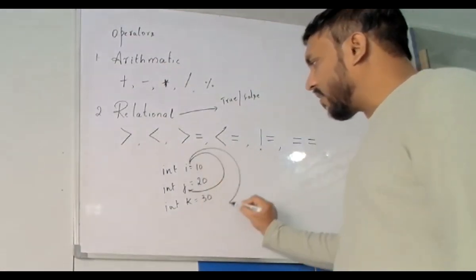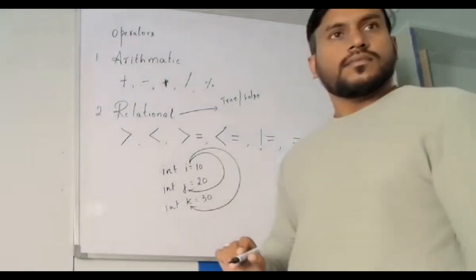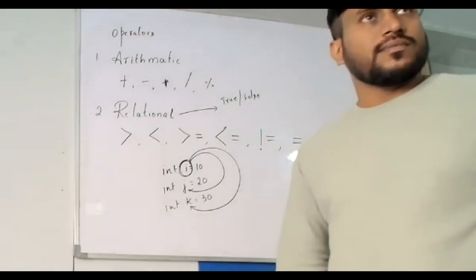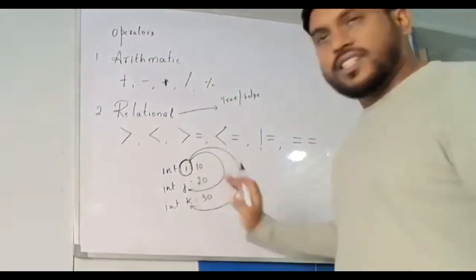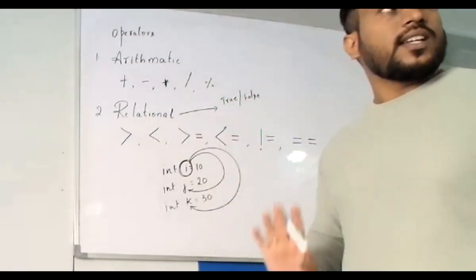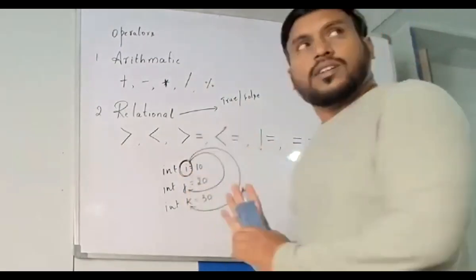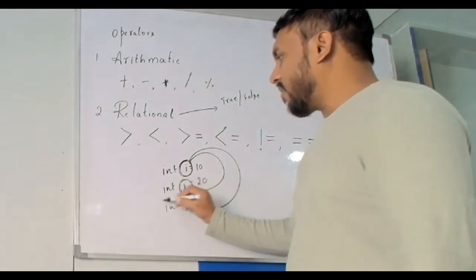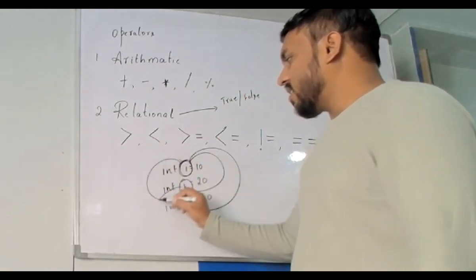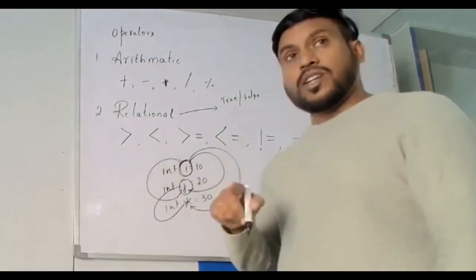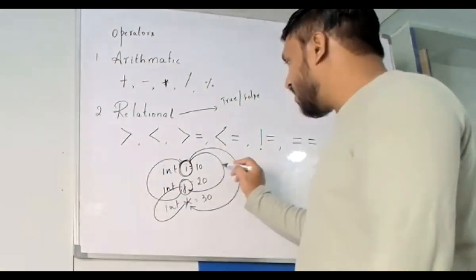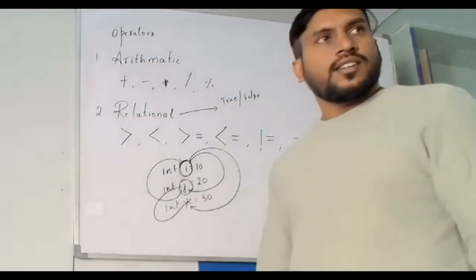Take i, compare with k. Then only you can say whether i is greater or not. Then take j, compare with i, and j, compare with k. Then you can prove whether j is greater or not. See, many conditions: 1, 2, 3, 4.